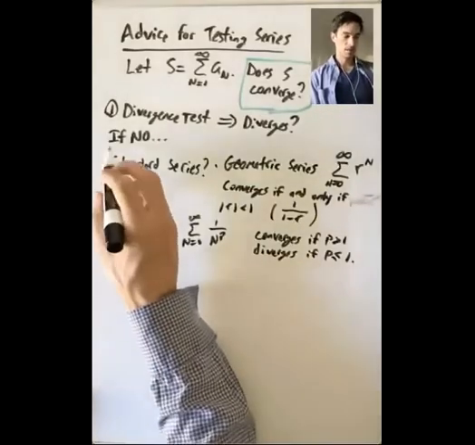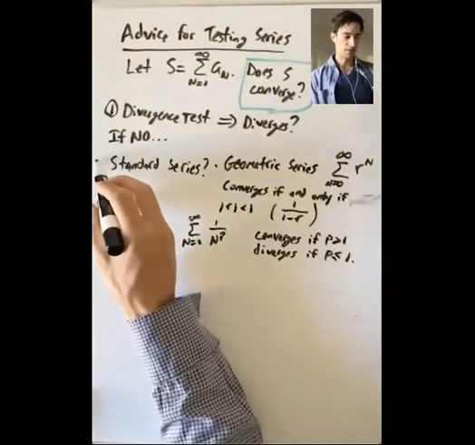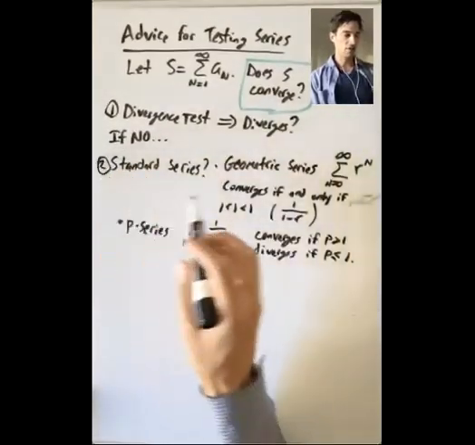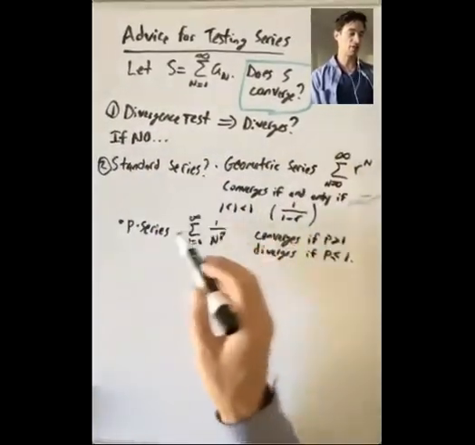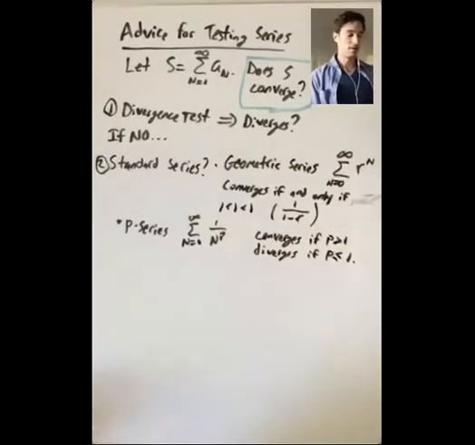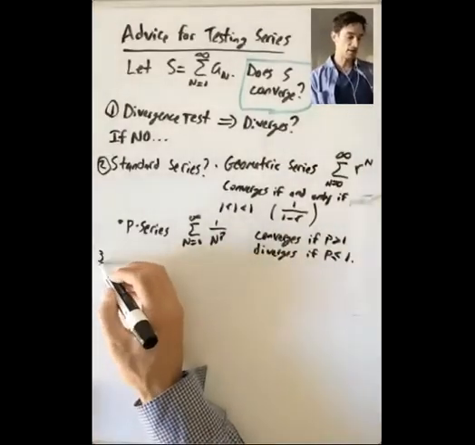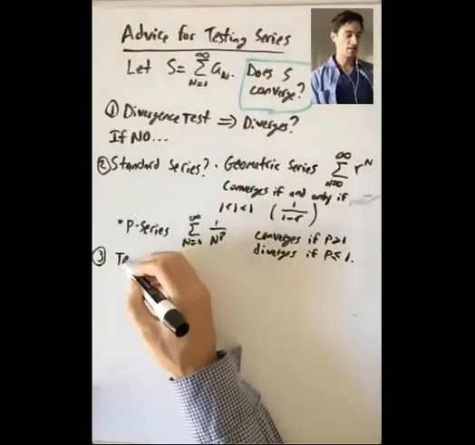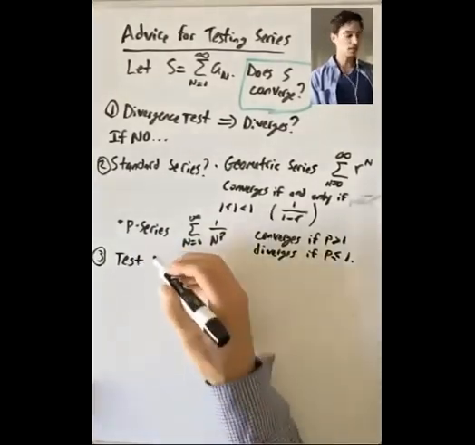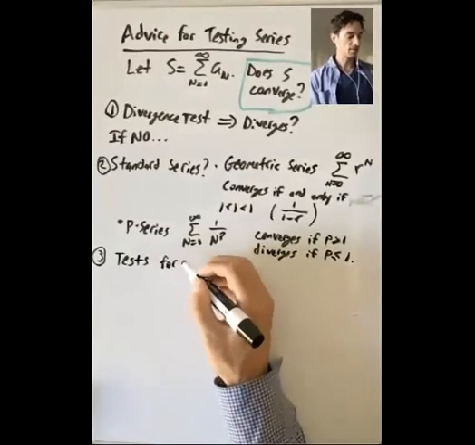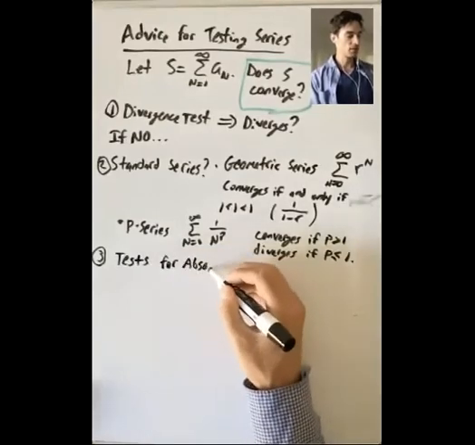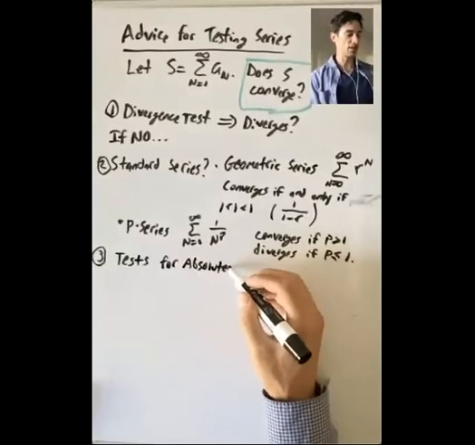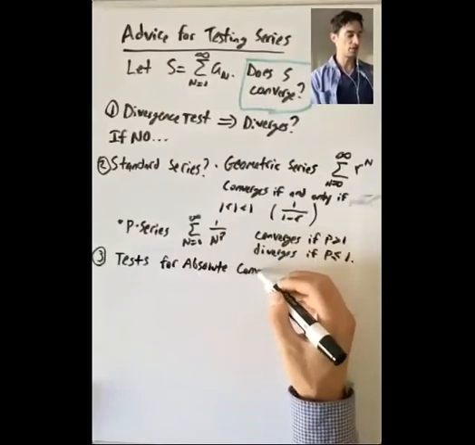Okay, so we've already tried the divergence test. We've seen if our series is like a standard series, like a geometric series or a p-series, great. But if it's not, we have to do something else. So maybe you want to divide up that something else into tests for absolute convergence versus tests that just tell you whether or not S converges.